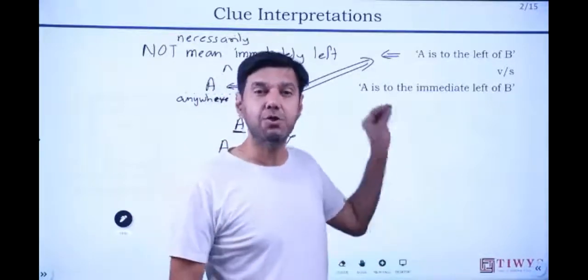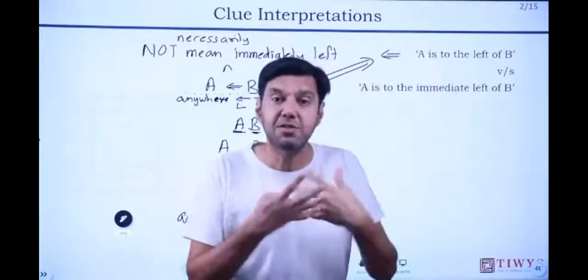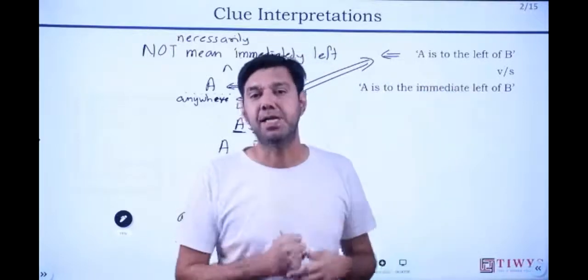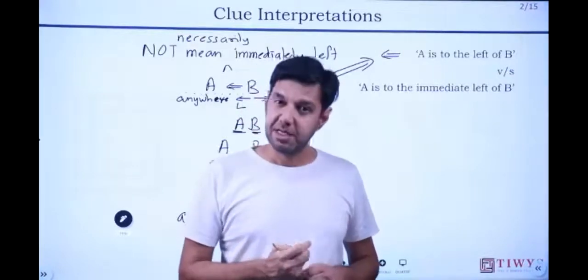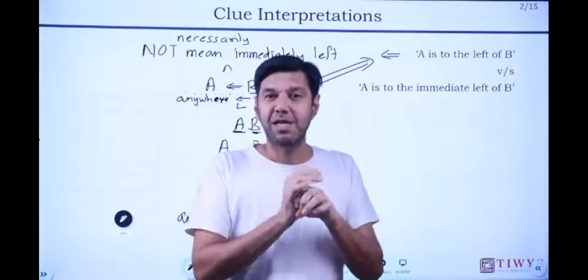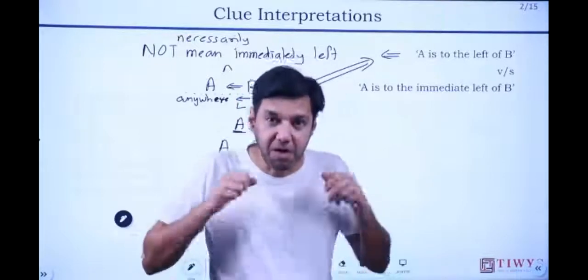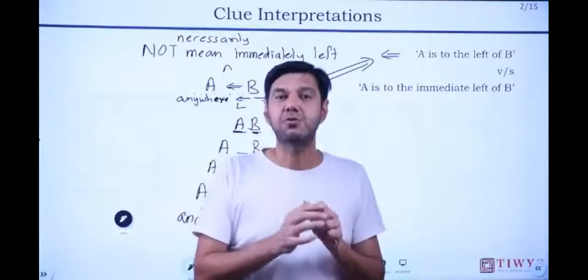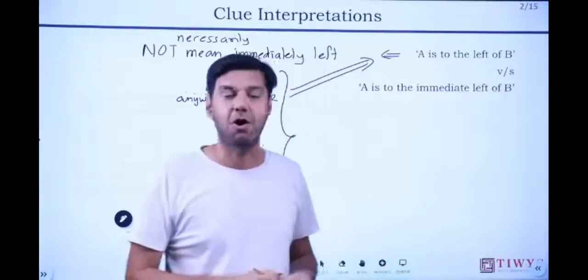So this error is going to happen, students, that you miss out the word immediately is not written and you end up taking immediately. So please watch out for it. It will creep in and you may not even realize it and you have made that error. So please keep aware, be cautious about it always.